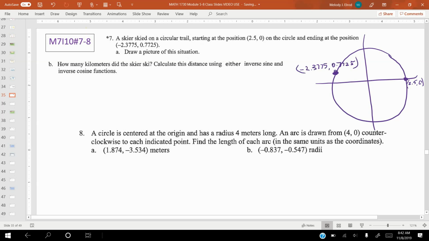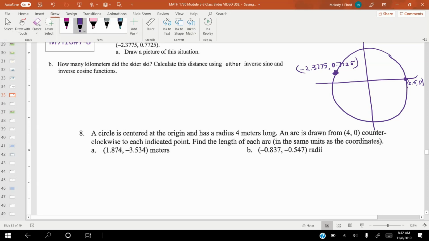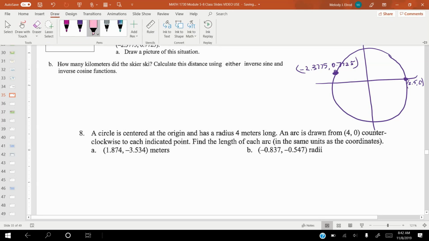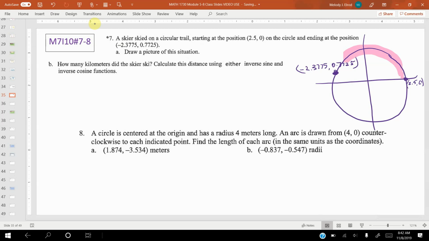So I guess this must be in kilometers, although way to go, author of the book, for making that super plain. Anyway, how many kilometers did the skier ski? That's the value I'm looking for, because he's skiing in a circular trail, and this is how far he skied from over here.